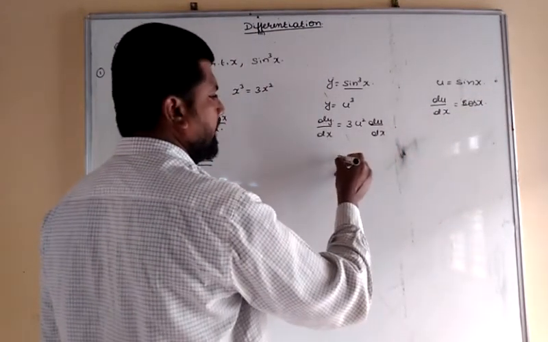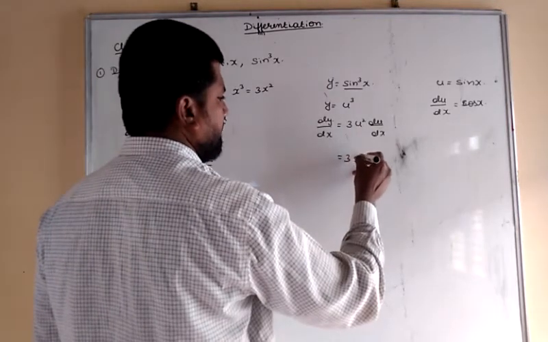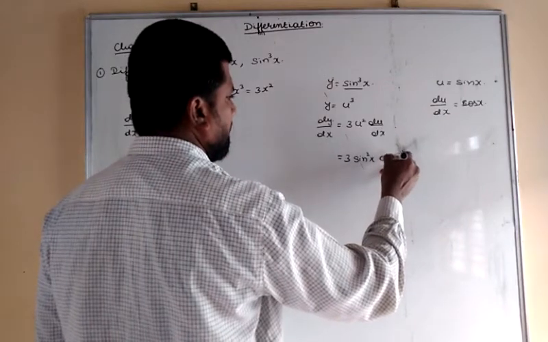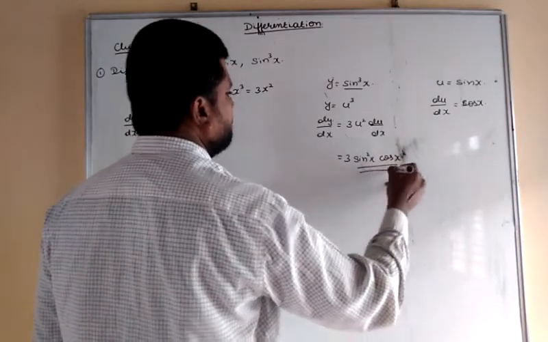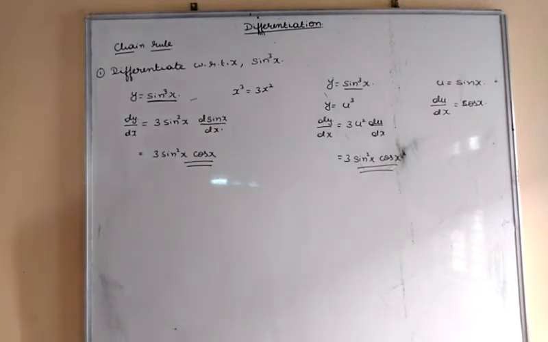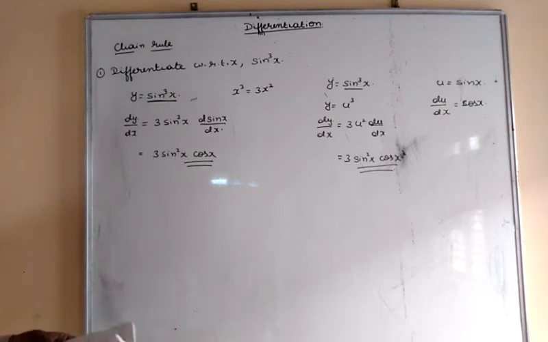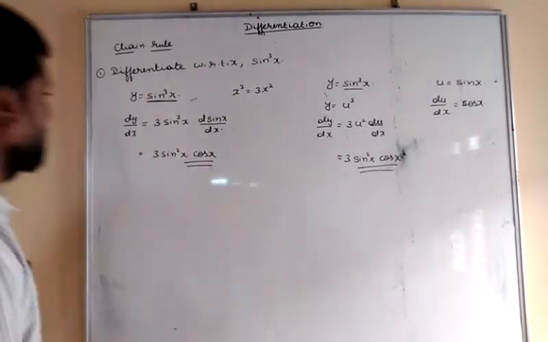Then substitute the u value: 3 sine square x, then du by dx means cos x. Let us go for the next problem here.